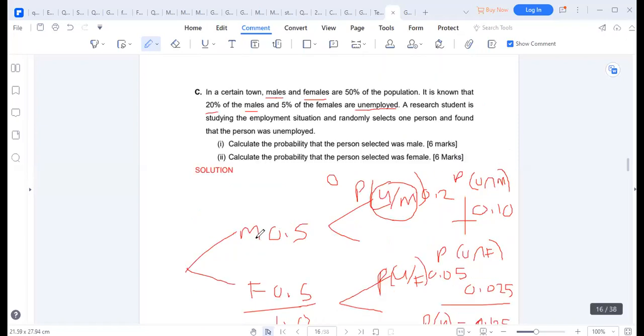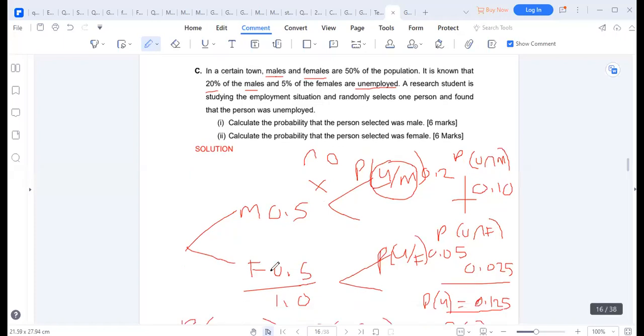So when you multiply male times this, you must get an intersection of unemployed and male. Whenever you're multiplying, we know multiplication goes with intersection. So this will be M intersection U. So this by that we get 0.1.